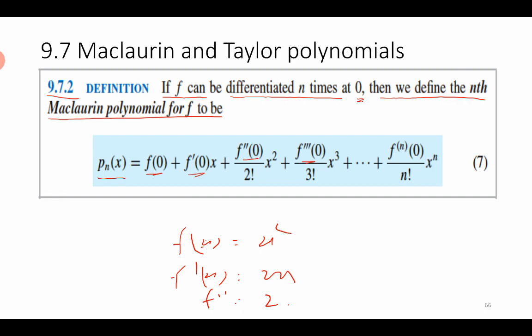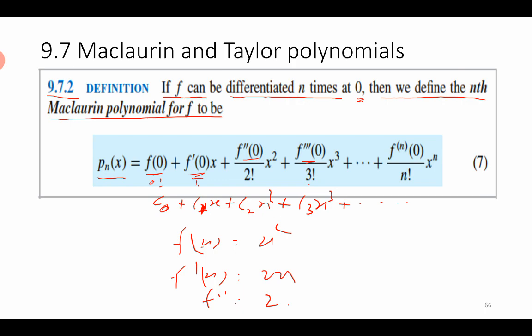It will be a constant plus a constant times x, a constant times x squared, a constant times x cubed, this way. And these constants are nothing but derivative values divided by 0 factorial, 1 factorial, 2 factorial, 3 factorial, 4 factorial, up to n factorial. So in this order we should write.